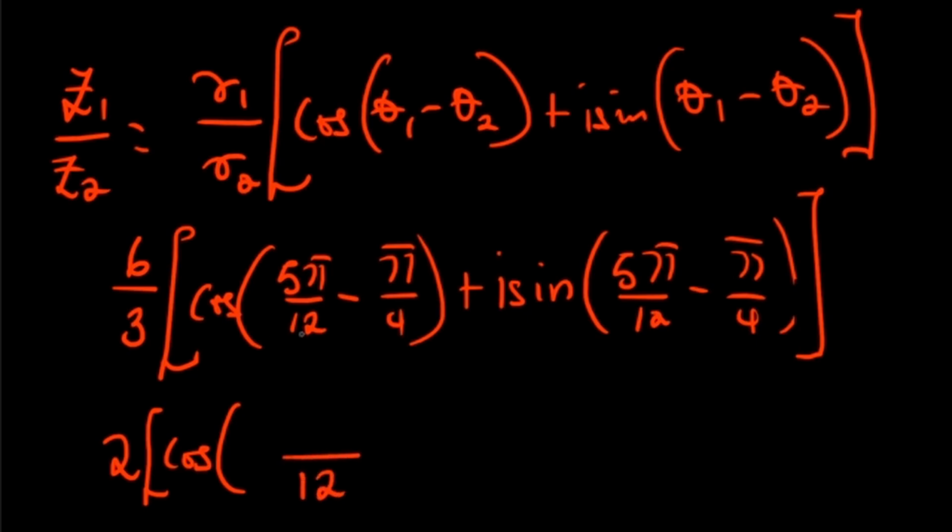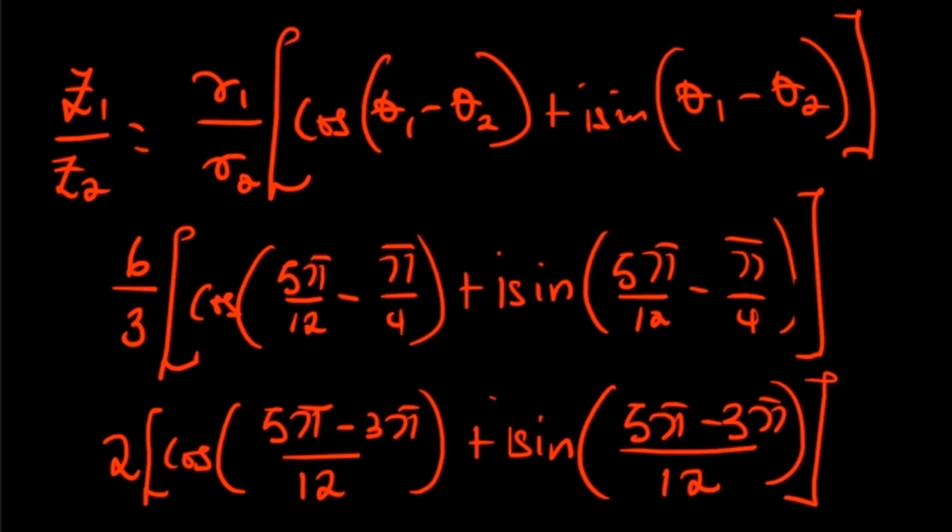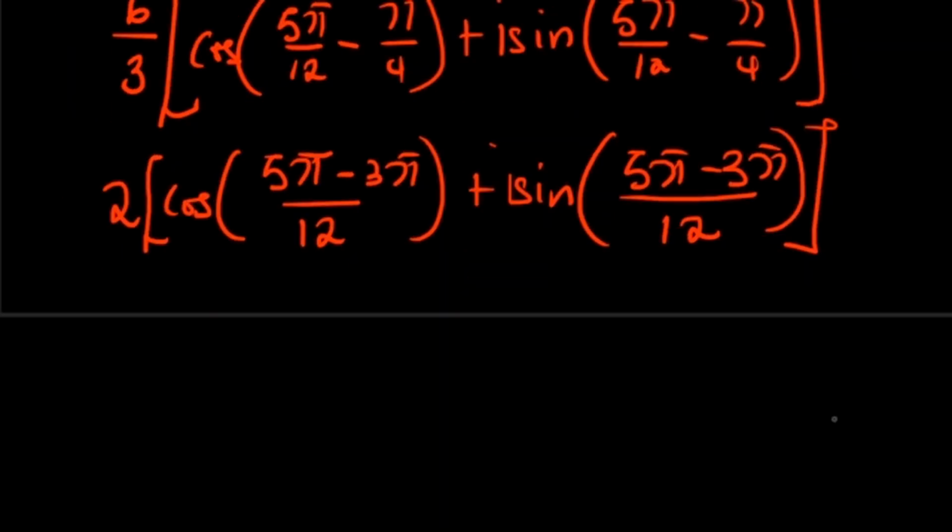So 12 divided by 12 is 1. 1 times 5 pi is 5 pi, minus 12 divided by 4 is 3. 3 times pi is 3 pi. We close the bracket, and this is plus I sine, open bracket. Again, we write the same since they are just the same. So we say 12, 5 pi minus 3 pi. Then we can close our brackets.